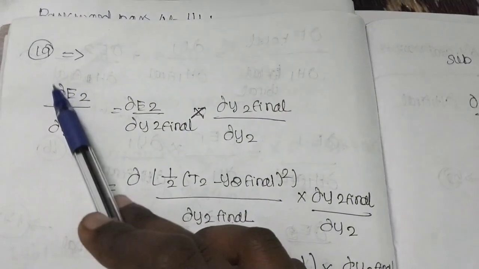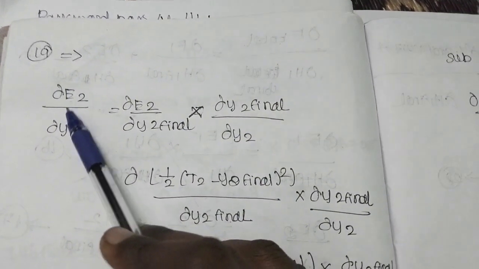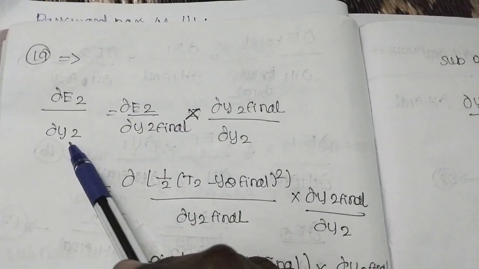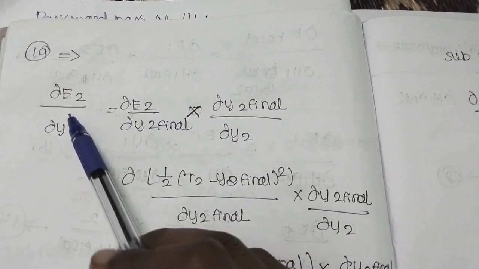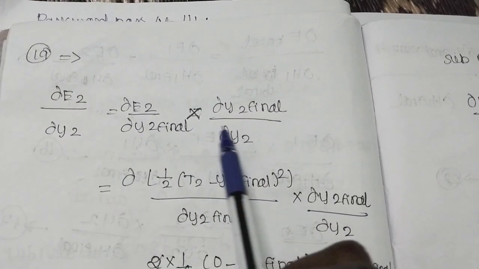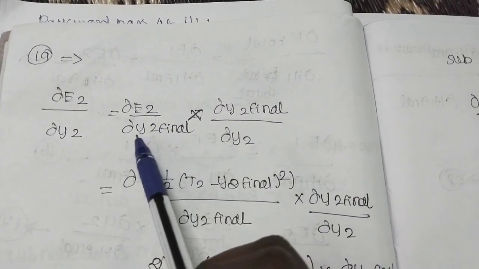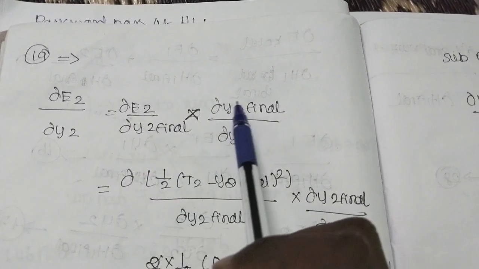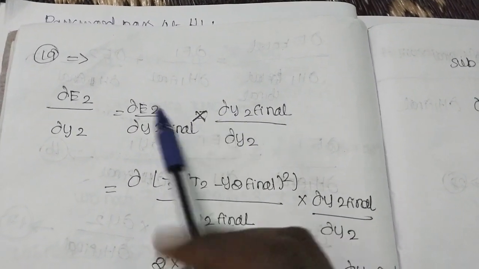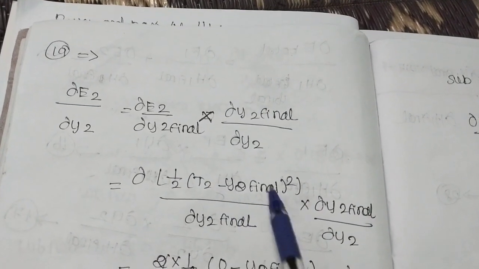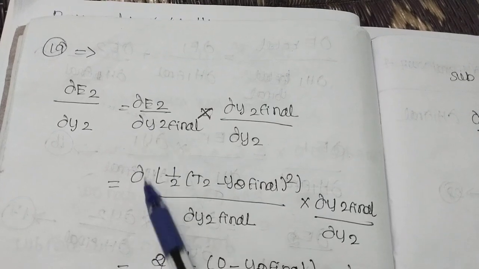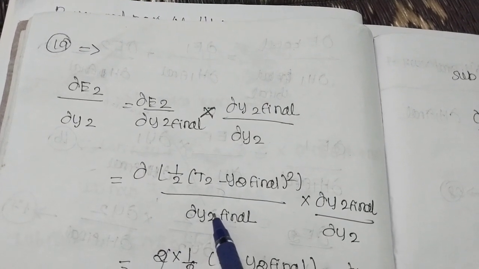So I am rewriting the 19th equation, that is ∂E2 by ∂Y2. I am changing ∂E2 here and ∂Y2 here, adding the additional term ∂y2 final in the numerator and denominator. I am writing the equation for E2, with the remaining ∂/∂y2 final.